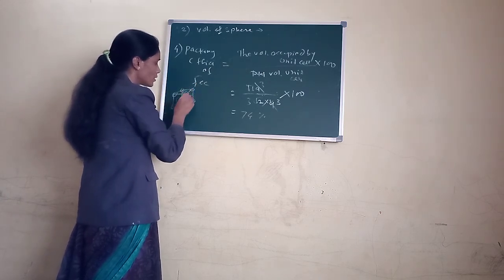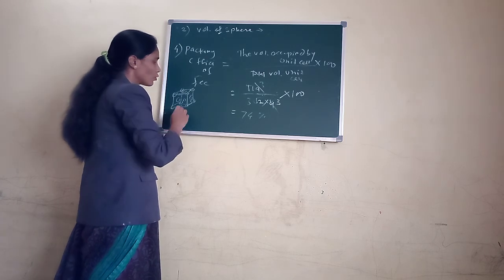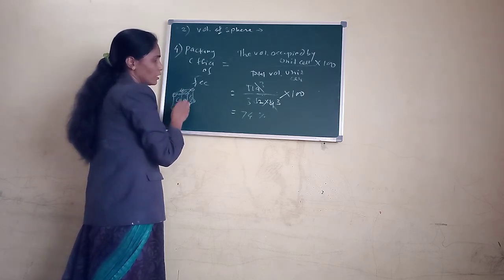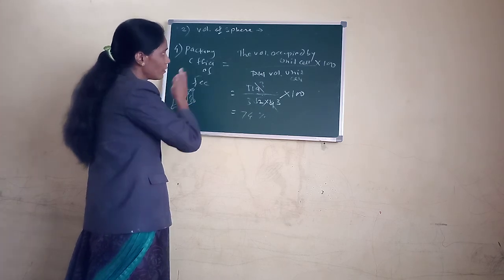Means in FCC the occupied space is 74%, because in FCC every corner contains a particle and every face also contains a particle. Therefore the occupied space is greater in FCC than BCC and SCC.